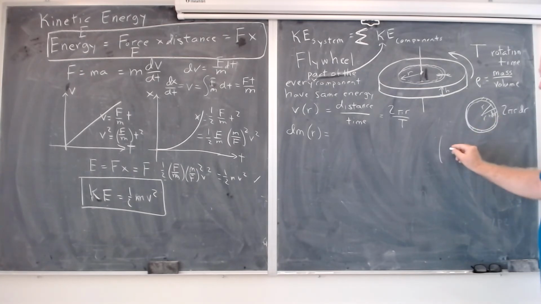The area of the outer circle is pi (r plus dr) squared. If I subtract the area of the inner circle, and you realize that dr squared is 0, you will come up with 2 pi r dr.